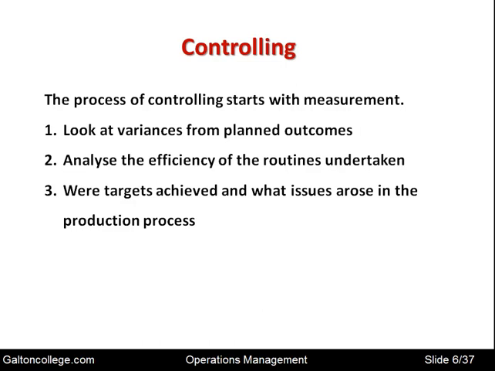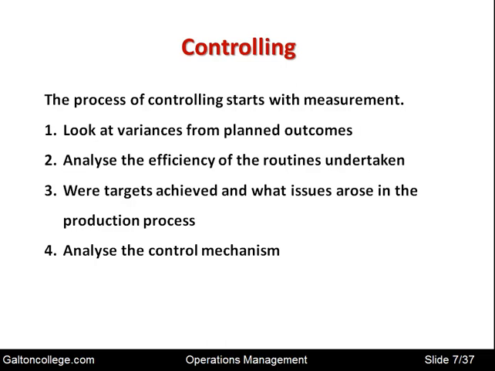So it may be that the targets themselves were not set appropriately. The targets were too easy, perhaps. We should set targets that are achievable. We can't set targets that are beyond what is reasonable. But at the same time, we should set targets which are realistic, given the resources that we've got.